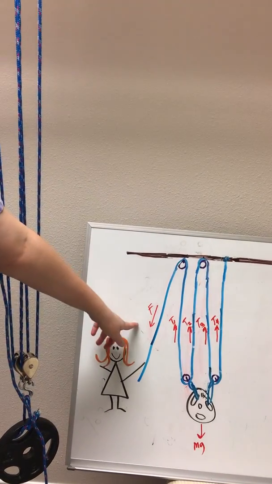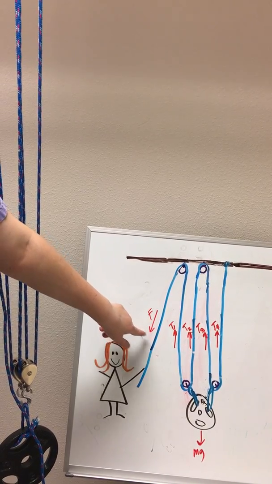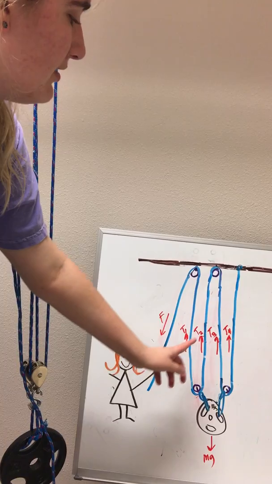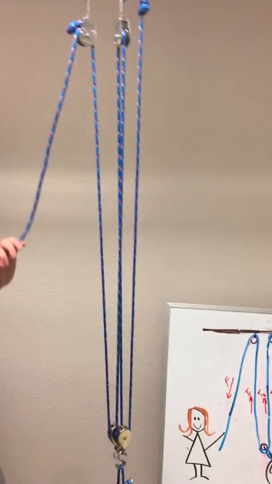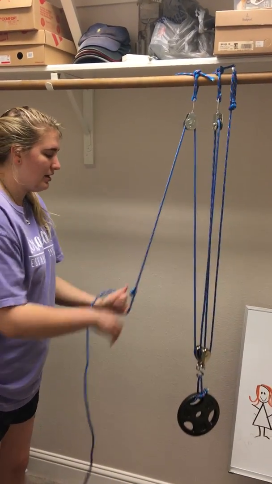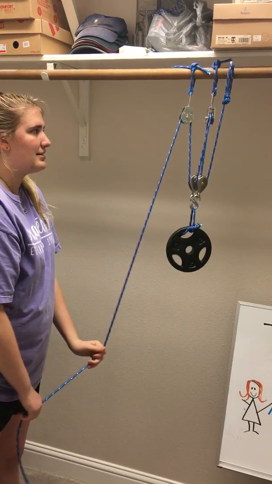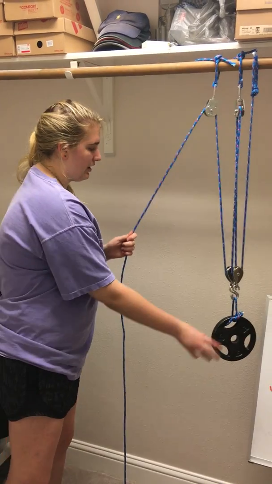So when I pull down with a force on this rope, it is equal to the amount of force for the tension on one of these ropes, and all of those add up to cancel out the mass of the weight being lifted. So when I pull down with this rope, it will lift up the pulley, and it makes lifting it a lot easier than if I were to lift it directly straight up with just picking it up.